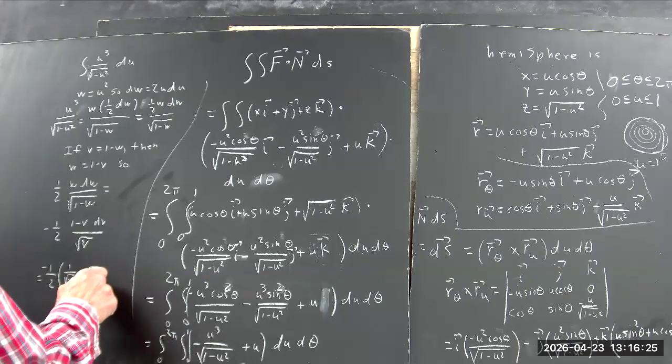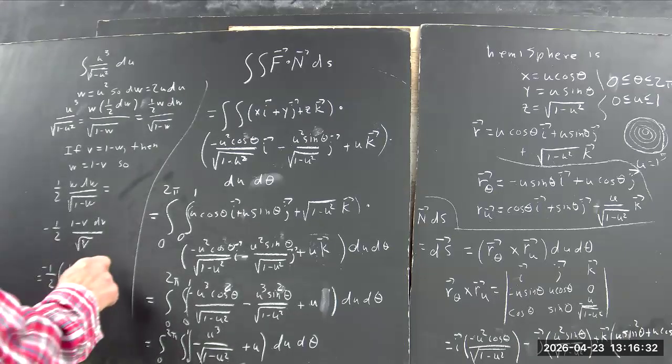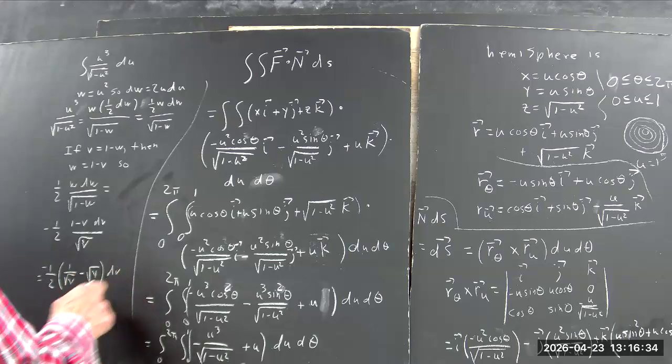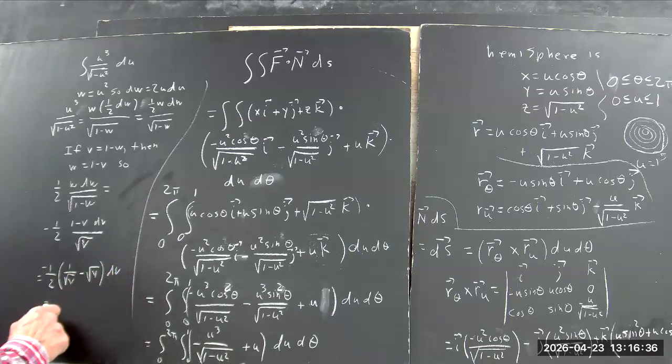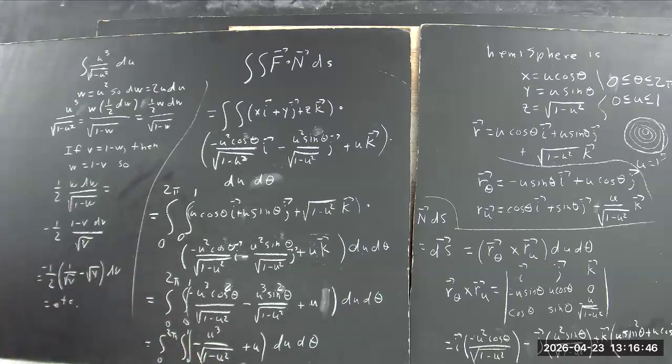Minus the square root of v, which is 2/3 of v to the 3/2. And you integrate it. So when you do all this, you build up your integral of this thing. I'll leave the rest of it to you because I think you need a little practice with the integration.